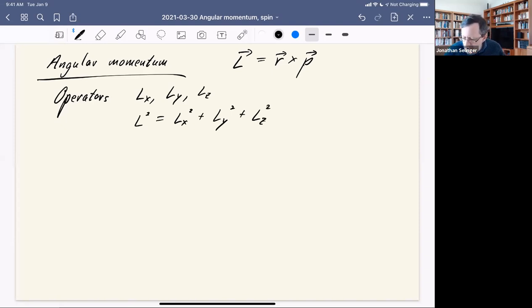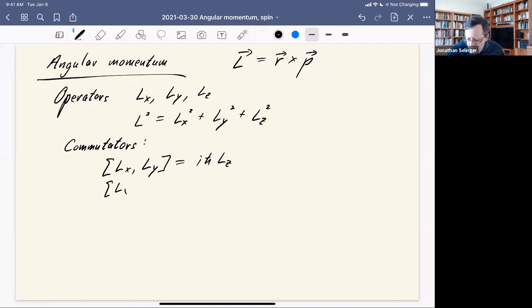Then we can find the commutators of these things, and that was part of what we worked on yesterday. The commutator of Lx and Ly is i h bar Lz.